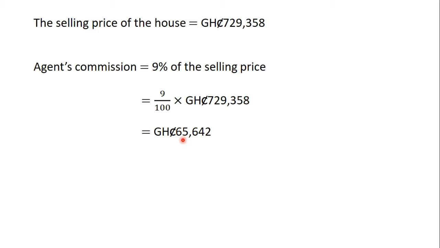And this will give us 65,642 Ghana cedis. So the agent's commission, when you correct your answer to the nearest whole number or the nearest Ghana cedi, you will have 65,642 Ghana cedis. It means that the agent's commission was 65,642 Ghana cedis.